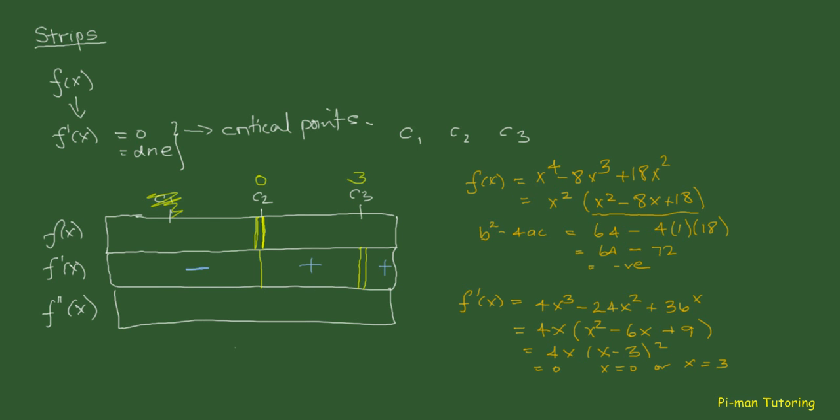So what can we see just from the first derivative? We can see we've got a negative derivative, so the function is going down here, and when it gets to 0 it becomes positive. So those are the conditions for a minimum. When I get to C3, or the value of 3, I've got a positive slope, and it's positive on the other side as well.